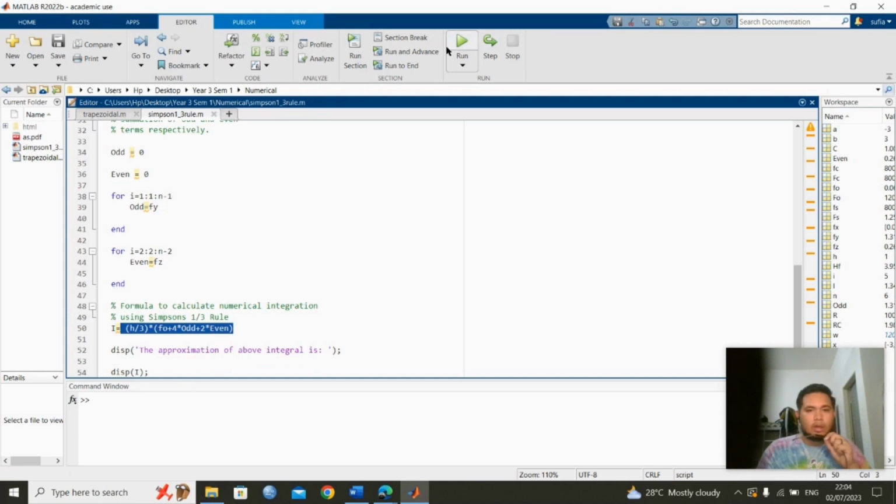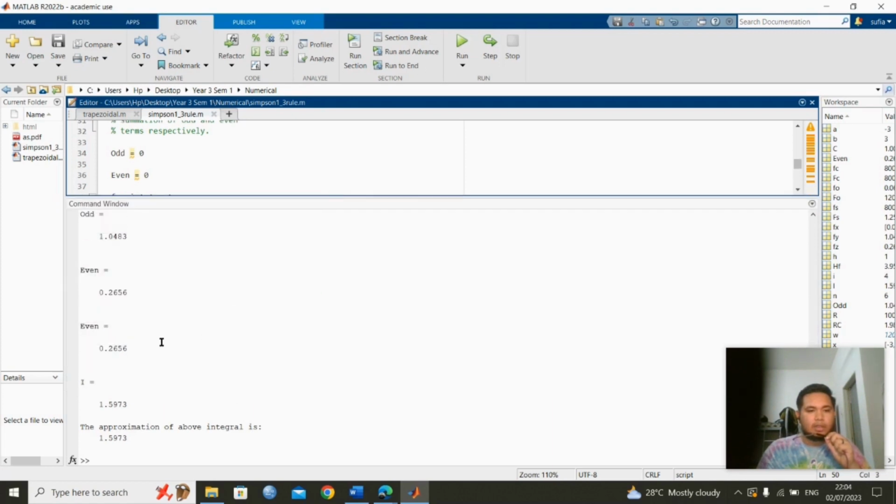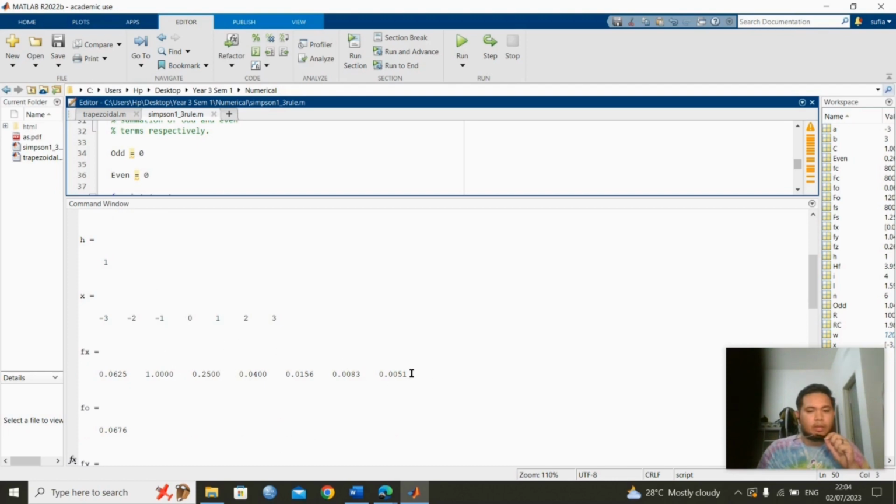We will run the equation and we will get 1.5973. So this is our result, a equal to -3, b equal to 3, n equal to 6, h equal to 1. The x and fx are the same as we obtained in the table.